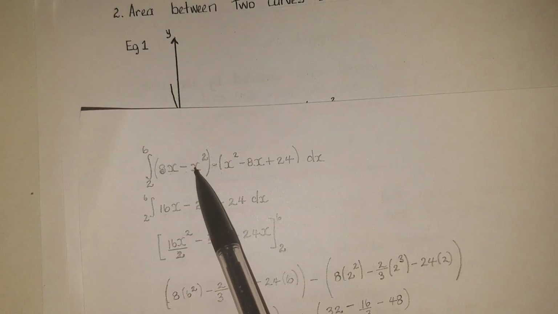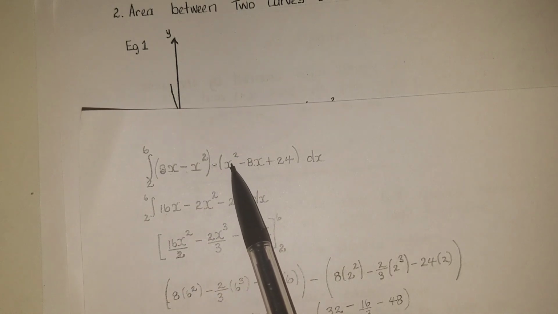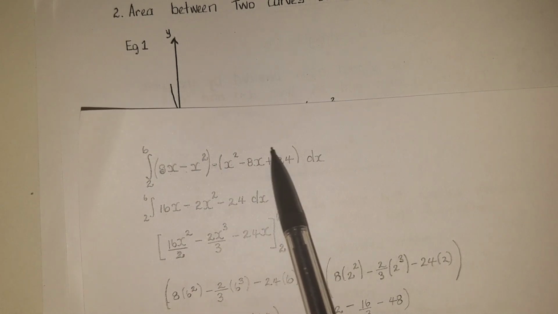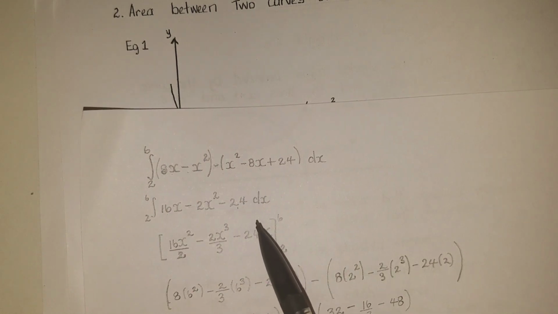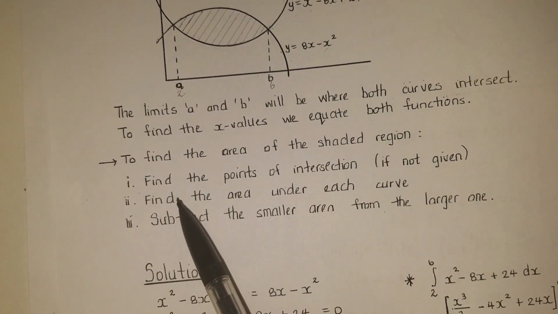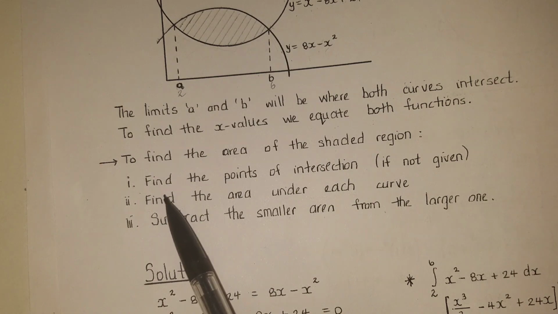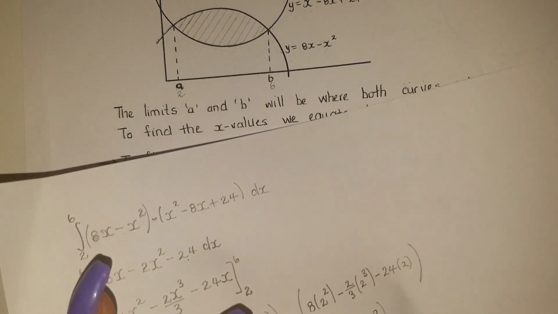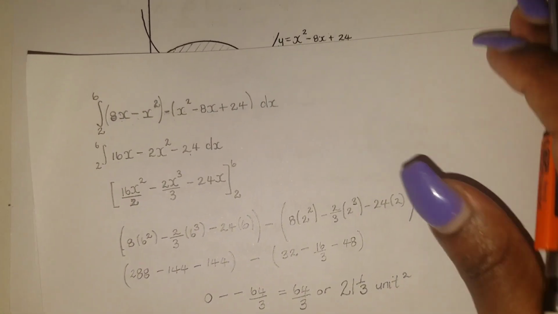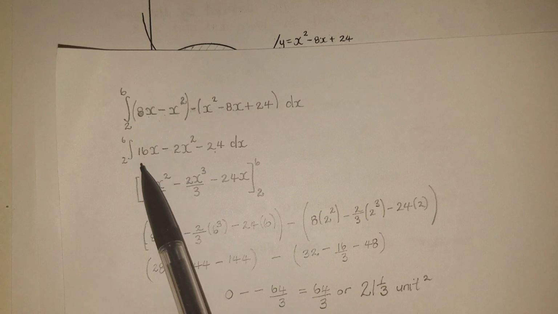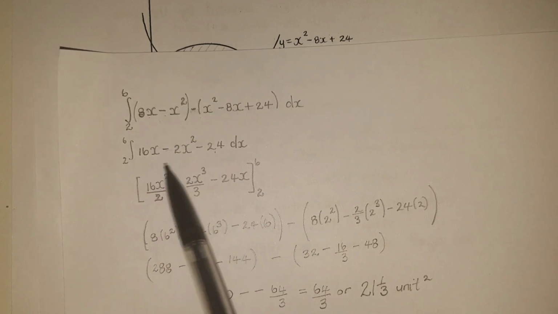Then we have minus x squared is a negative 2x squared. And then minus 24 comes down. So rather than integrating each function, it is much shorter to simply get the one function and integrate. So this is a function we're now going to integrate.